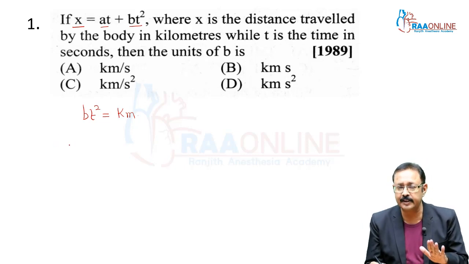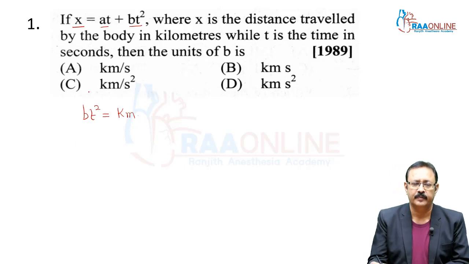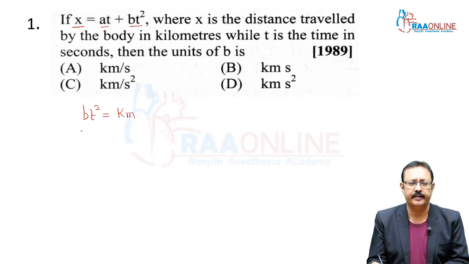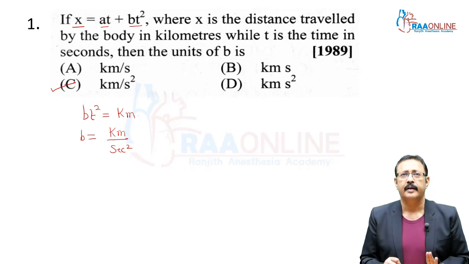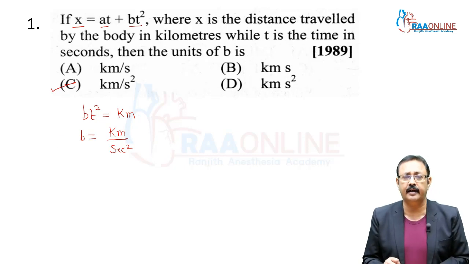So this was the concept behind this problem. Time t is in second, so it should be kilometer upon second square. So we are going with option C. Getting my point? In 1989, they asked such a simple problem.